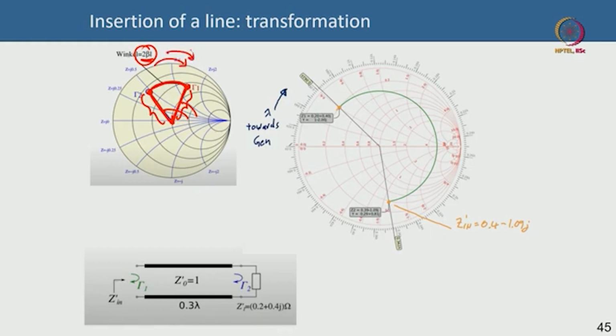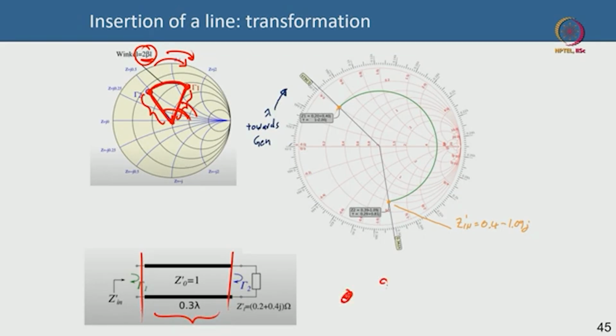By adding a certain line of length I am rotating it clockwise here, and you can see that the transmission line has the effect of changing the phase or the angle of the reflection coefficient. So, for instance if the length of the line is 0.3 lambda, how much phase shift am I going to have?